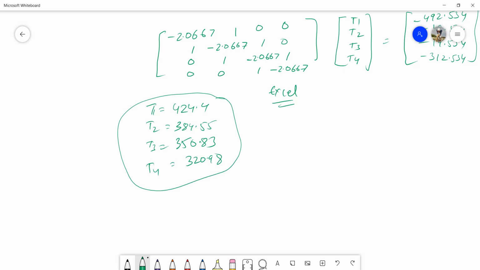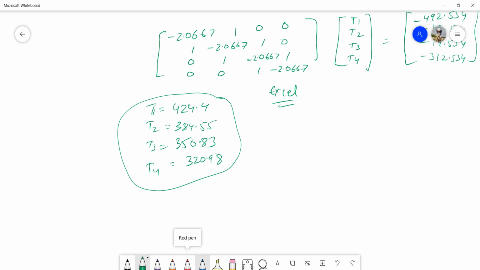So this is how you can use the finite difference method along with Excel to solve. If we have a 4 by 4 matrix, we can have 5 by 5, we can have 6. Depending on the matrix size, the number of equations increases, the number of variables increases, and you can use Excel to solve that matrix. Otherwise, if it is 3 by 3, you can easily use your calculator to solve it. So this is how you can use the finite difference method to solve this.